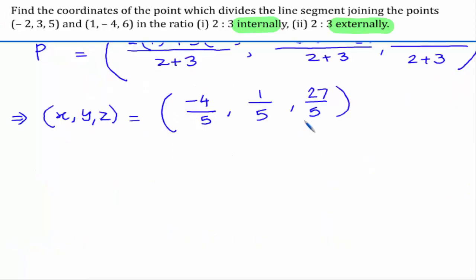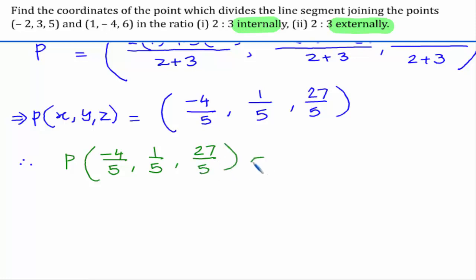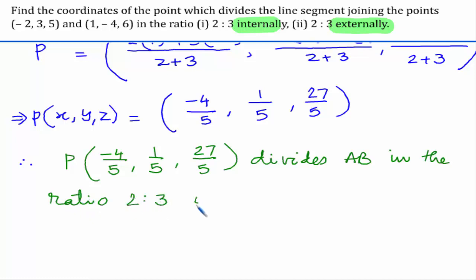Now when the two ordered pairs are equal, let us equate the points. So therefore we can say P (-4/5, 1/5, 27/5) divides the line segment AB in the ratio 2:3 internally.